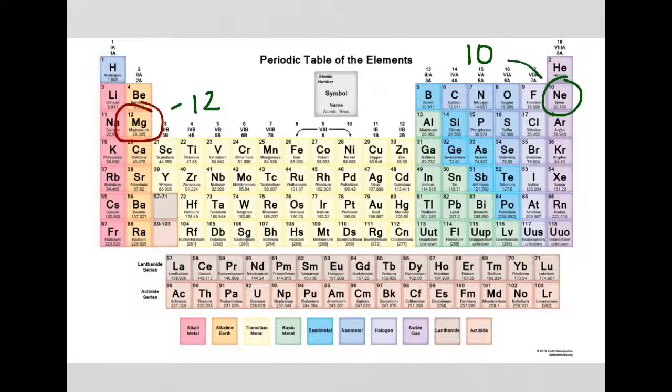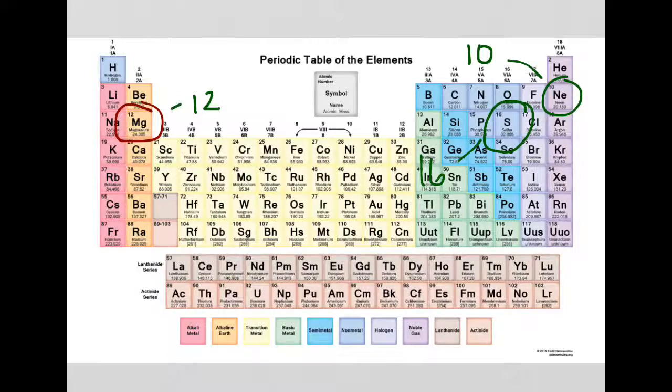Let's then take a look at something like sulfur. With sulfur, this is a little bit different. We have 16 electrons to balance out the 16 protons, yet neon is still the core for sulfur.